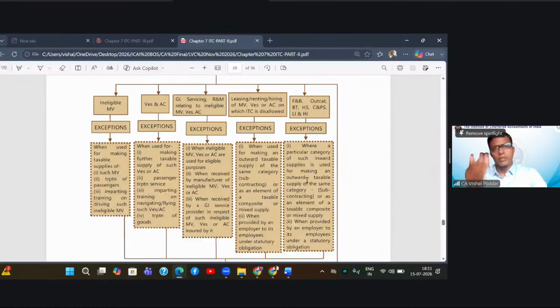So when these blocked items are inward items which you have procured or are being provided to your employees, in that case, again, the standard exception when ITC will be allowed is that you are providing these to your employees because of some statutory obligation.